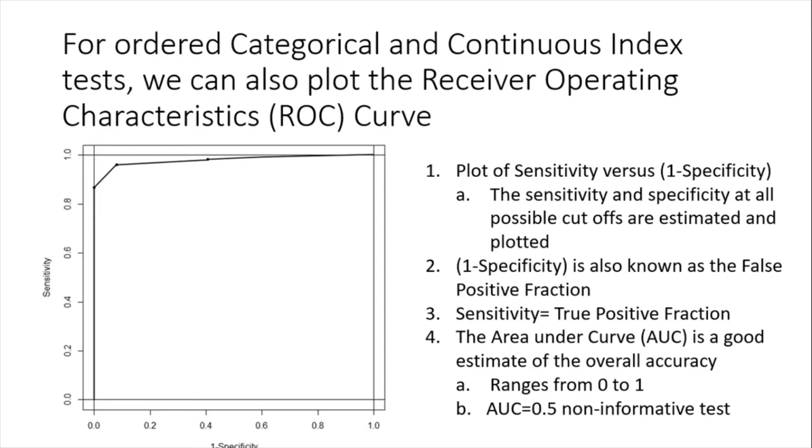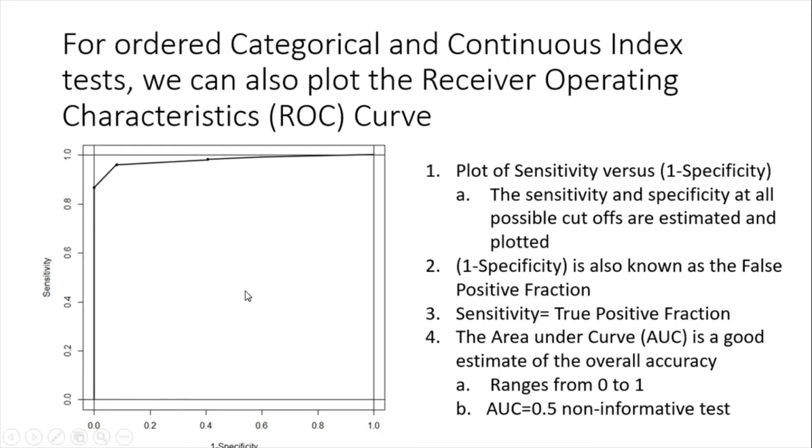Now, while interpreting the AUC curve, we should realize that the point of non-information is an AUC value of 0.5. Non-information is not 0. The closer the value is to 1, the better the test. Also, the closer the value to 0, the better the test. It is just the interpretation changes.